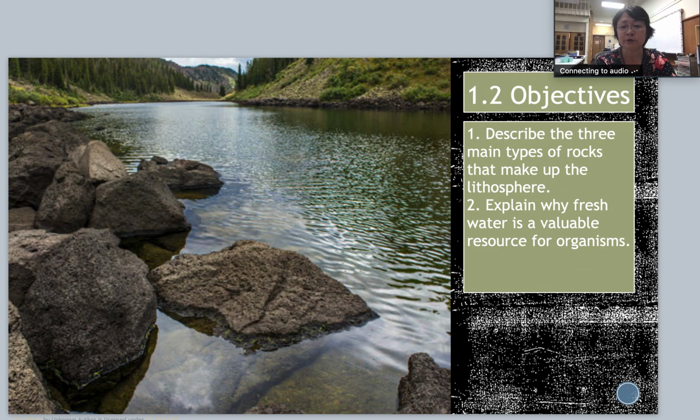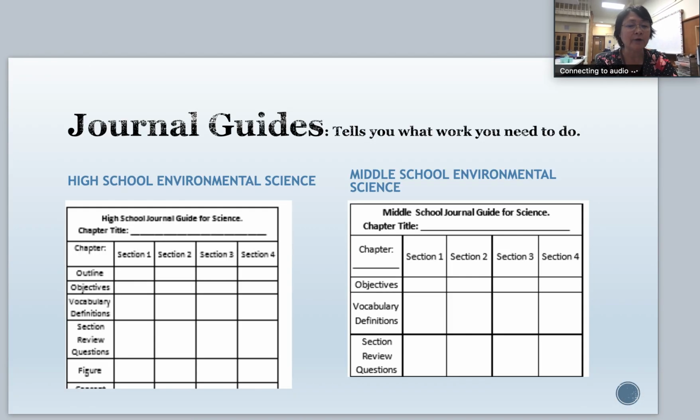Again, you're asking, Mrs. Roseberry, what am I supposed to do with the objectives? I expect that in your journals you are writing these objectives down, making sure to put the headings so I know what it is that you are writing in your journals.